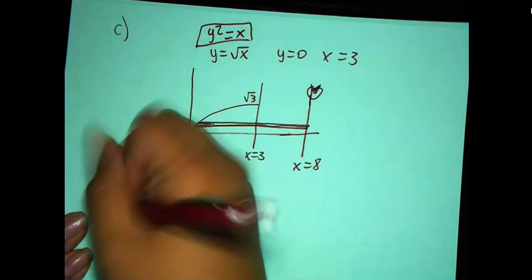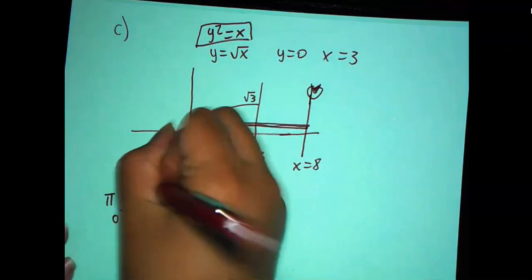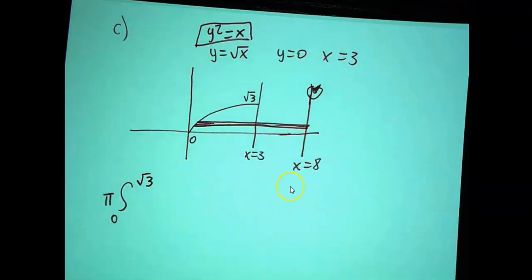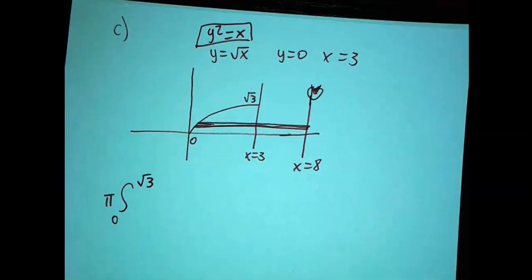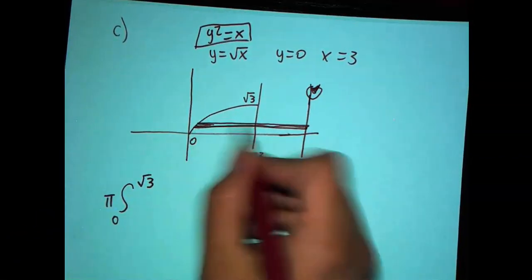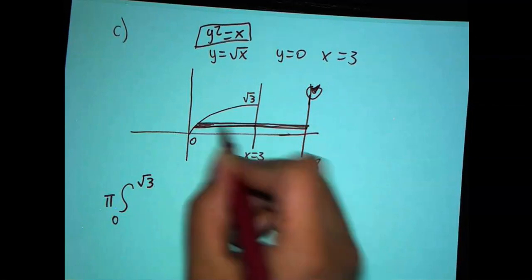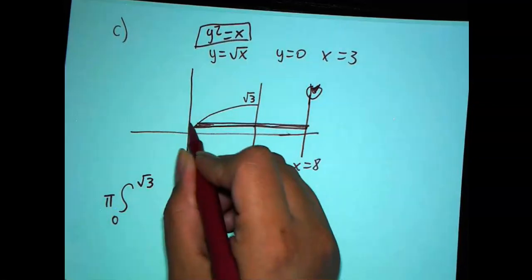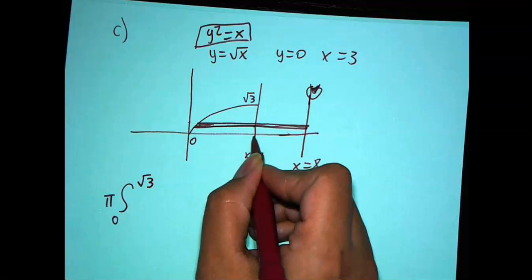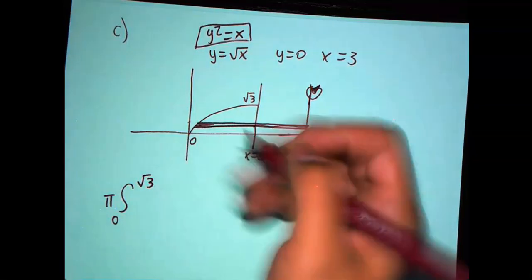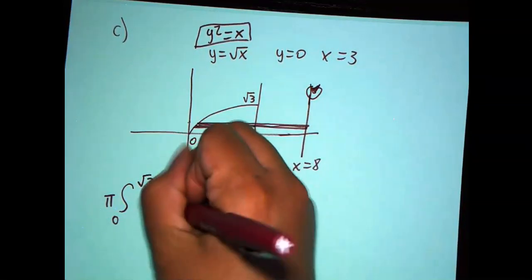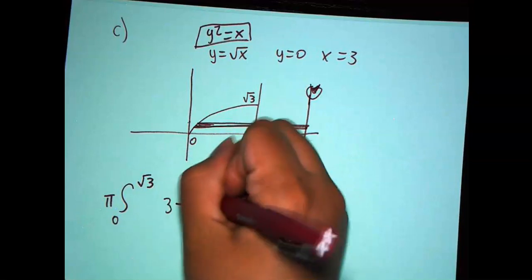It will be from 0 to the square root of 3. We're going to break it down. First, I'm going to get from here to here. What will be this radius? Okay, from here to here, remember that from here to here is 3. And I need to subtract this little part. So it's going to be 3 minus y squared.